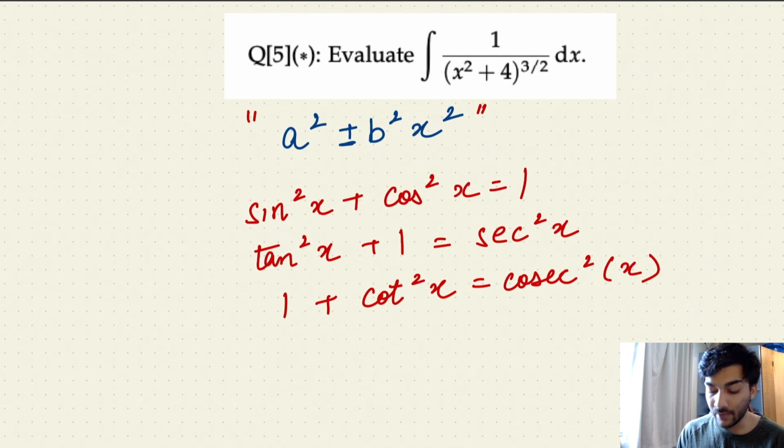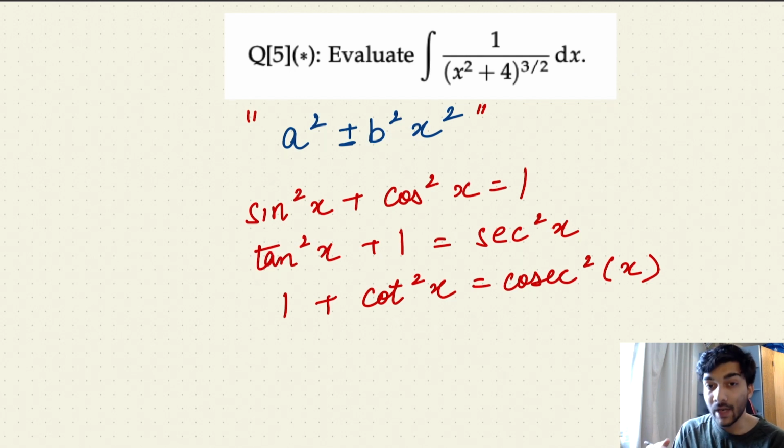Now since we have this pattern in our indefinite integral, and we know we have to use one of these three trigonometric identities in order to simplify our integral, if we can convert this x square plus 4 expression into just one trigonometric function, we can simplify our integral, right? And the way to do that is we can use these two trigonometric identities. If you assume your x to be 2 tan theta, your x square would be 4 tan square theta, right?